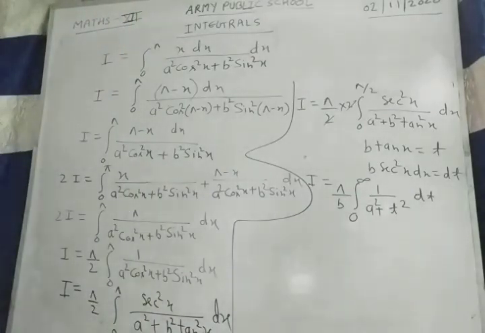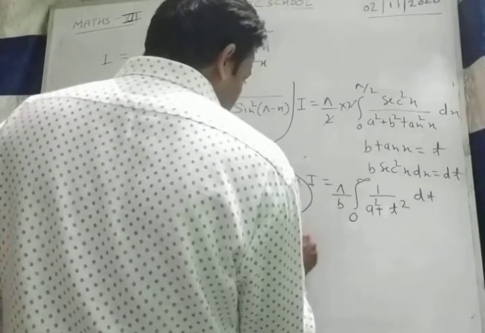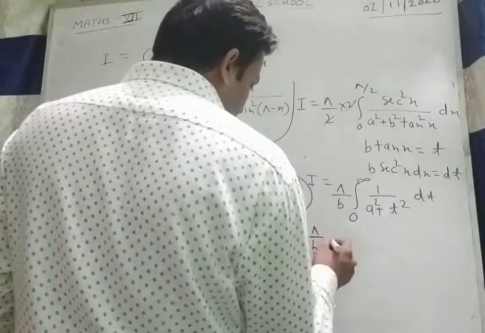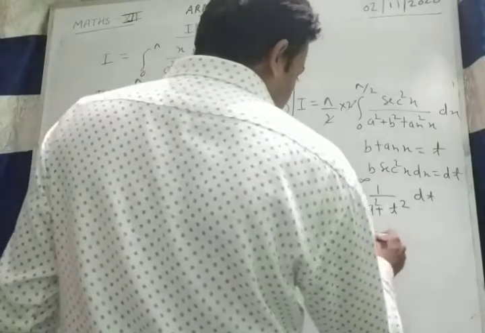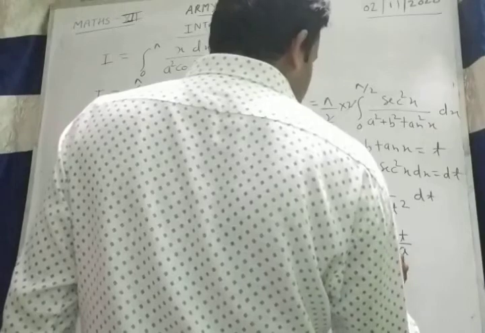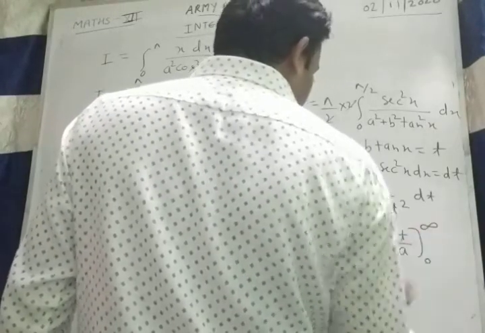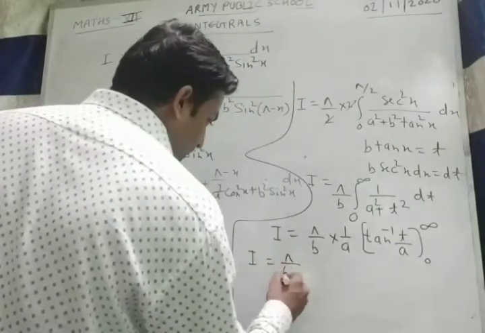Okay, so we write the formula: I is equal to pi by b into 1 by a tan inverse t by a, with limit 0 to infinite. So here I is equal to pi by ba.